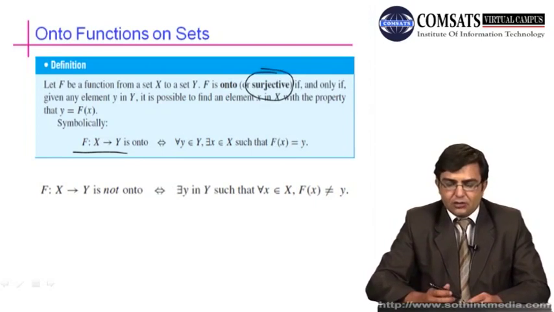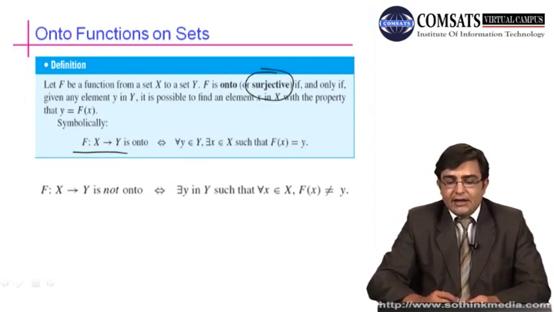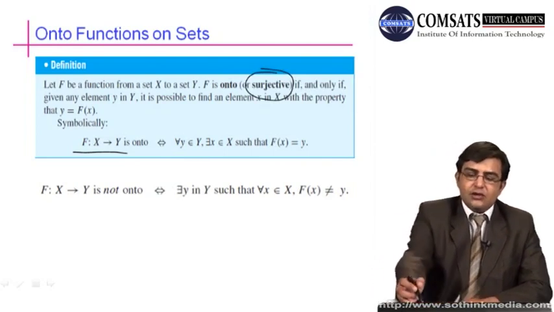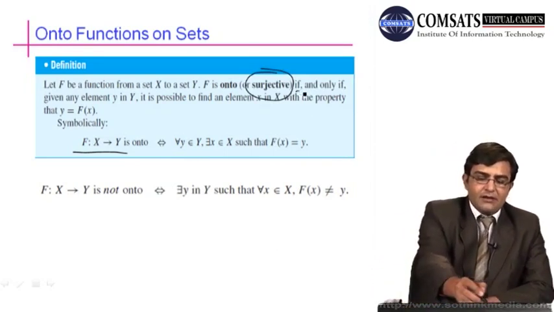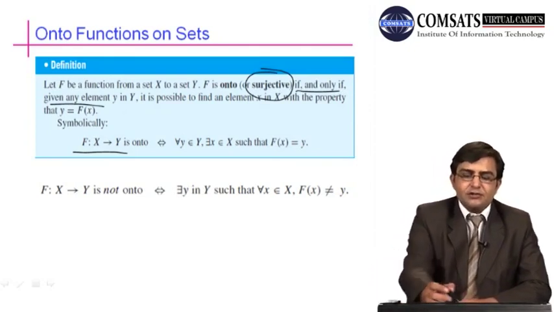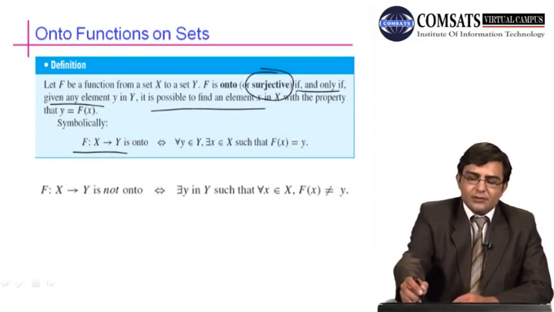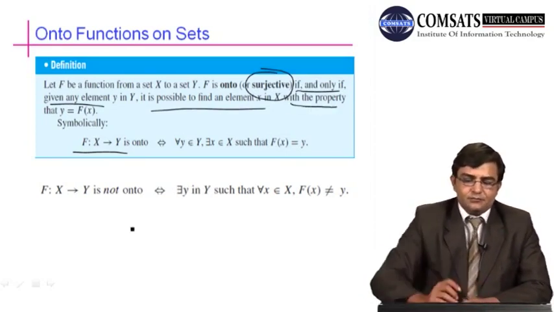Onto functions are also called surjective functions, and any function f is onto if and only if, given any element y in Y, it is possible to find an element x in X with this property.